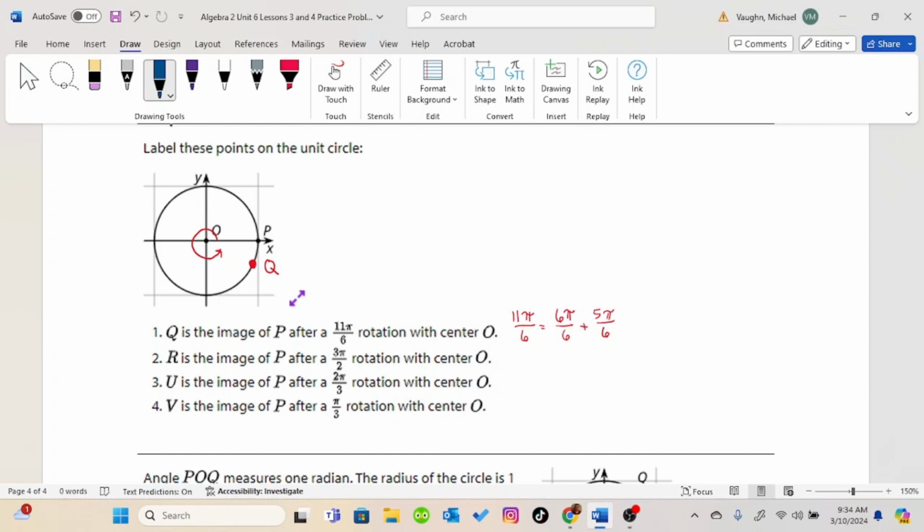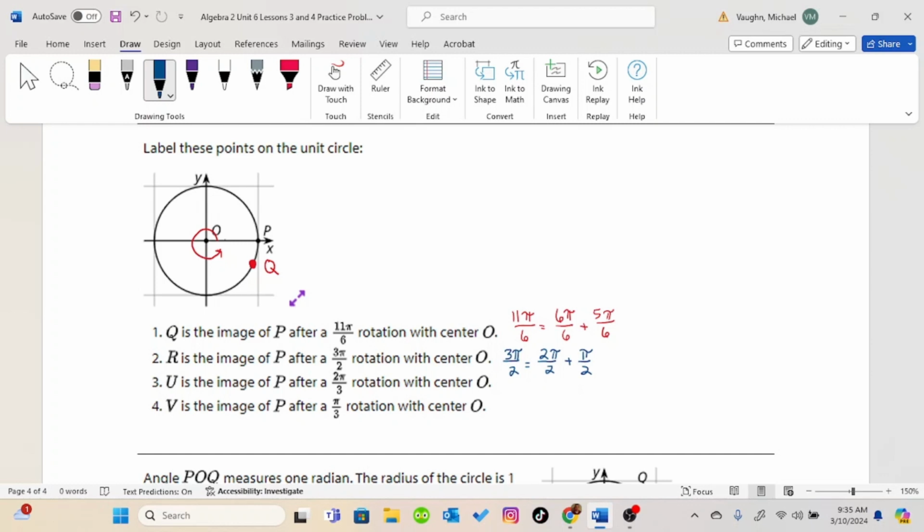Number 2, R is the image of P after a 3/2 pi rotation with center O. Well, 3/2 pi, you could think of this as 2/2 pi being 1 pi, and then an additional half a pi rotation.